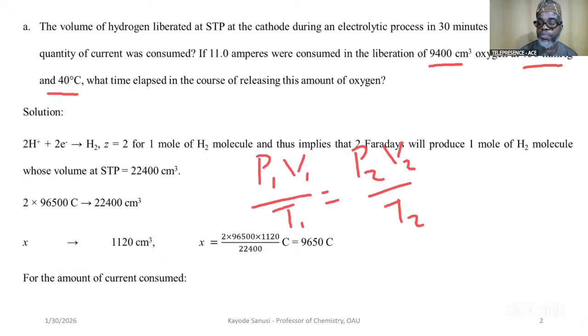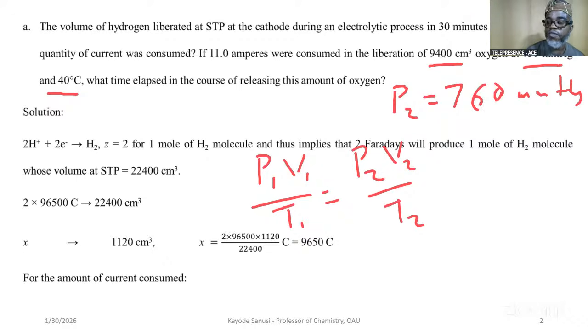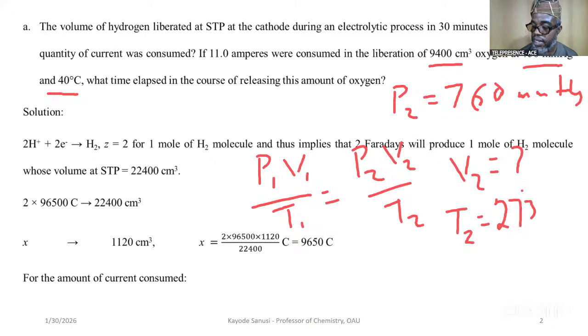So what will be your P2? Your P2 is going to be the normal pressure, which is the standard pressure, 760 millimeter of mercury. Your V2 is what you are now looking for. Your T2 is going to be 273 Kelvin.